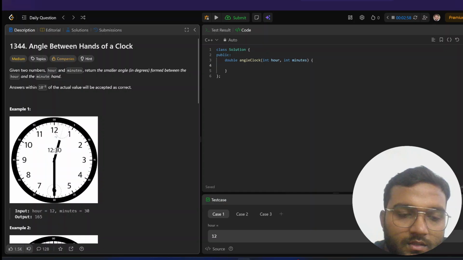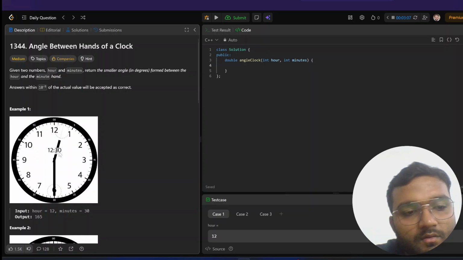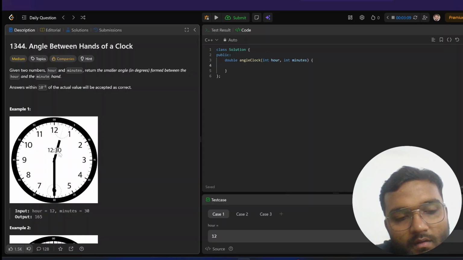Then we calculate the angle covered by the hour hand and just subtract that angle, then we will get the closest angle, I think.